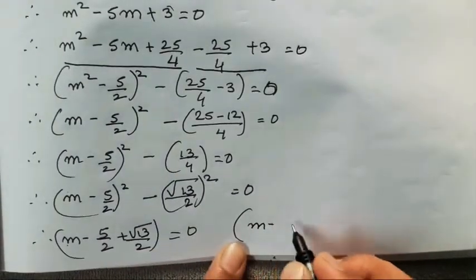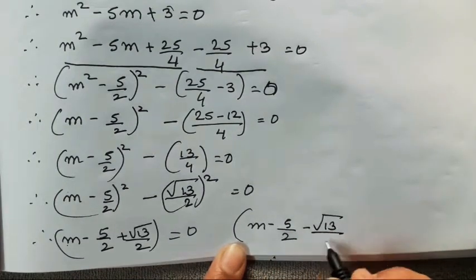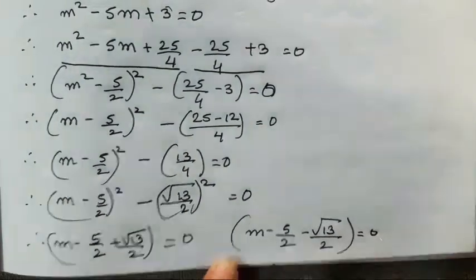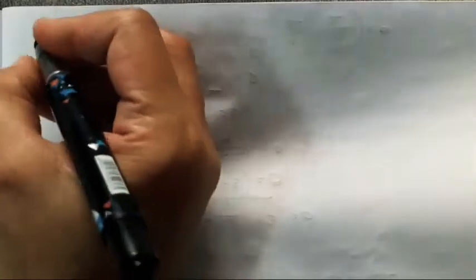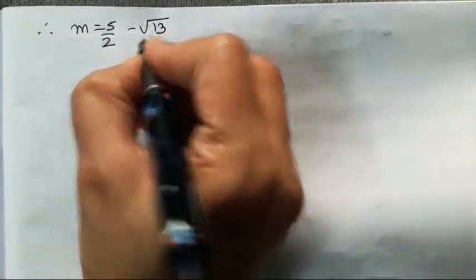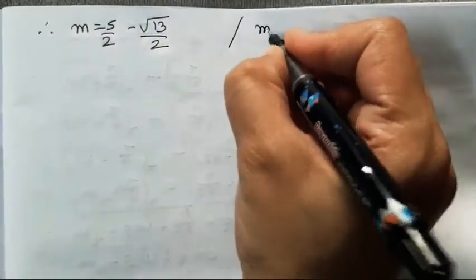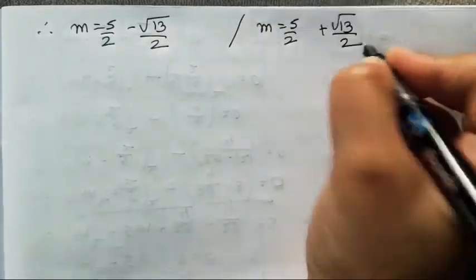This might look lengthy, children, but it has the marks weightage as 4 or 6 points also. Steps are very basic. You all have to practice it and get the answer. So, after writing 0 separately, therefore, m is equal to 5 upon 2 minus root 13 upon 2, or m is equal to 5 upon 2 plus root 13 upon 2.